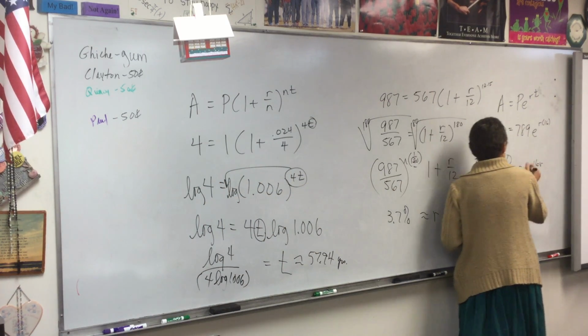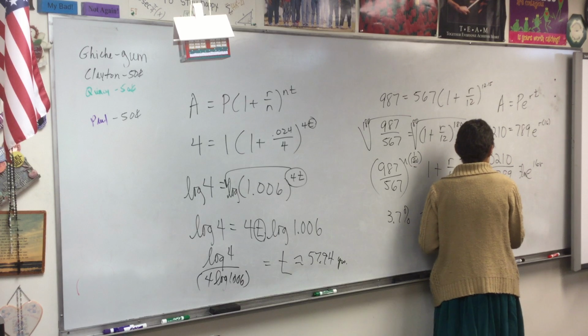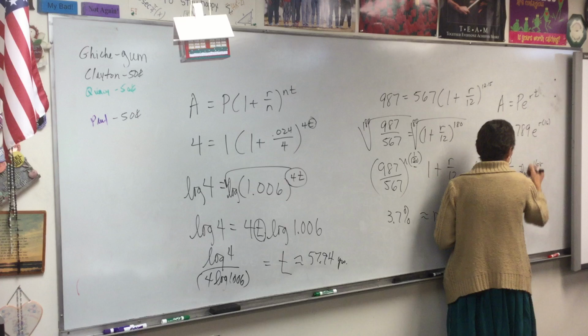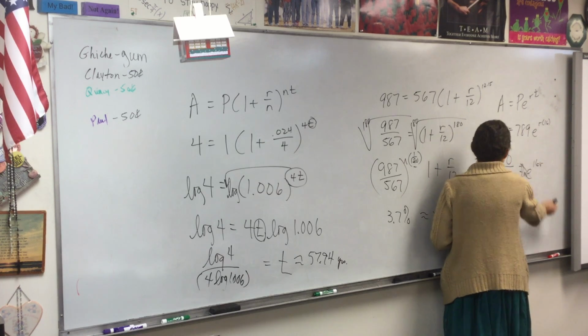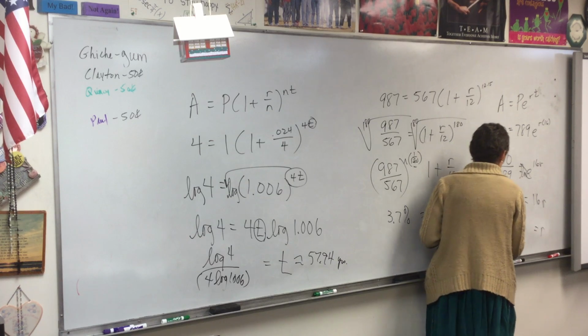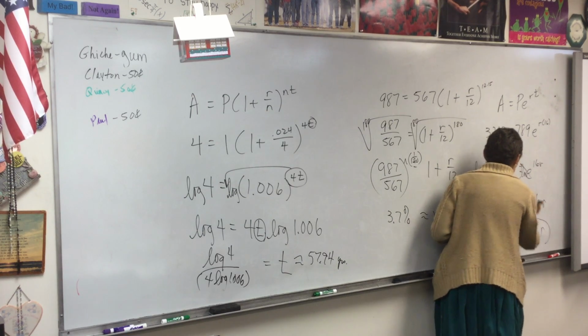We have an e in our problem, so it's beneficial to do that. So we have ln of 3210 over 789 equals what? What's this equal over here? Just 16r. So r is going to equal this over 16.